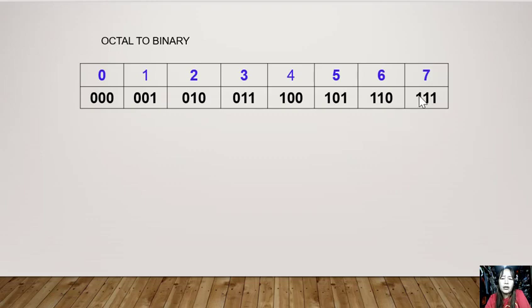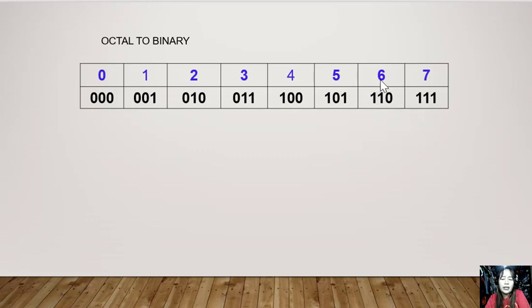So 4 plus the second digit, that's 2, and then the last digit on the rightmost side is 1. So in other words, your 3 digits 111 here represent 4, 2, and 1, and that is equivalent to 7. So 4 plus 2 is 6, plus 1 is 7.